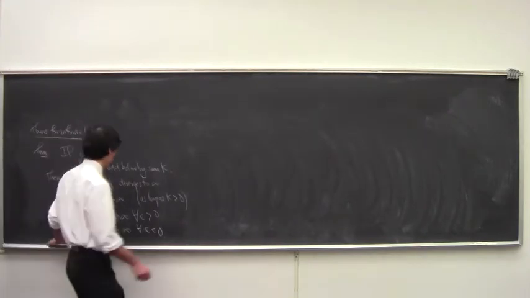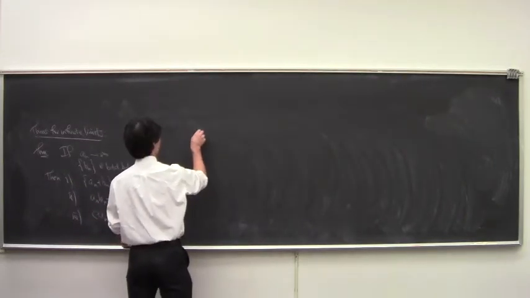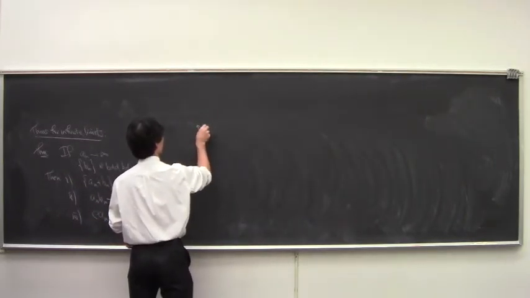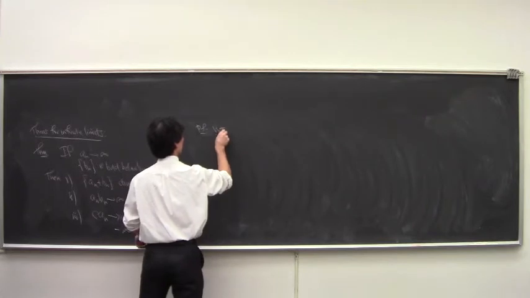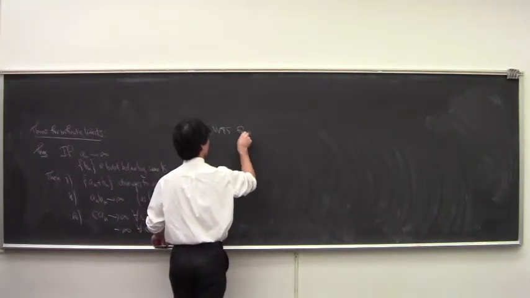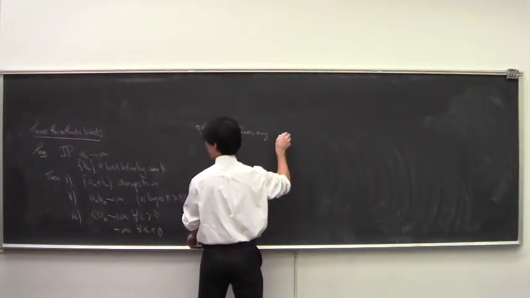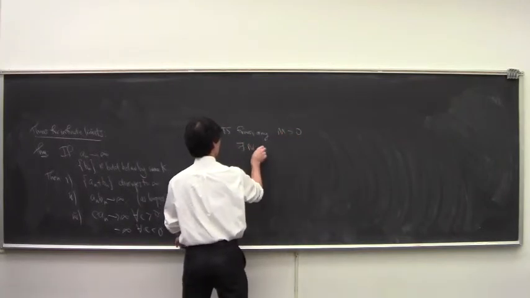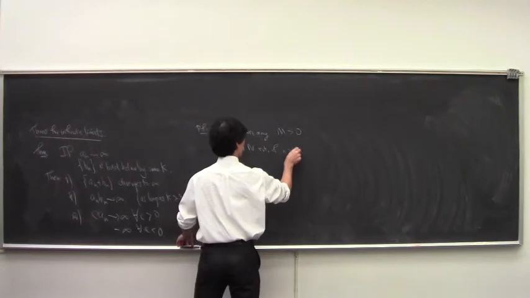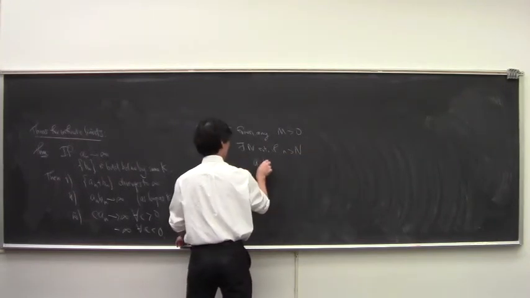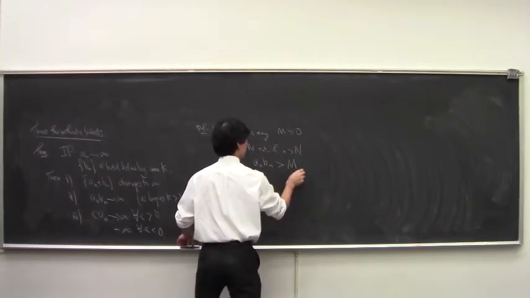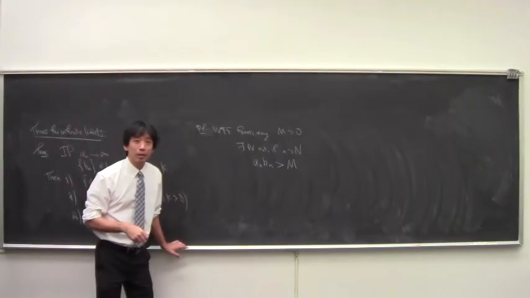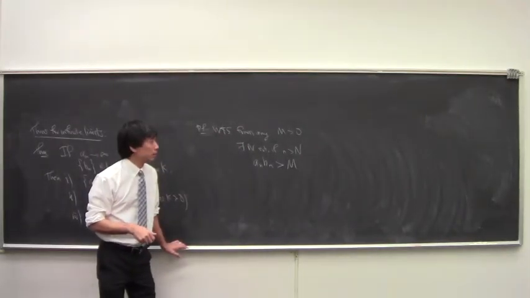Okay. So for this one, I want to show, proof, that given any m greater than 0, there exists an N such that if n exceeds N, then a_n b_n exceeds m.